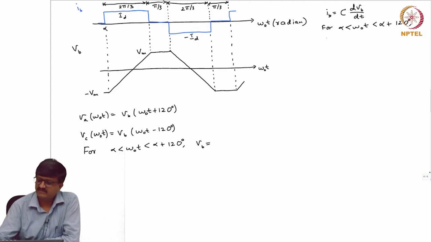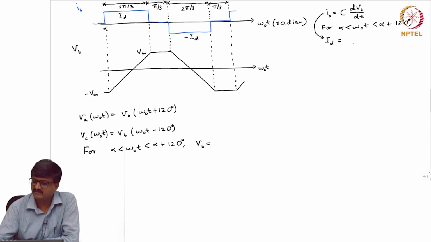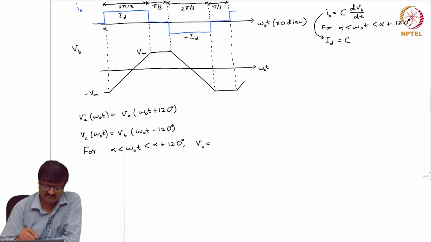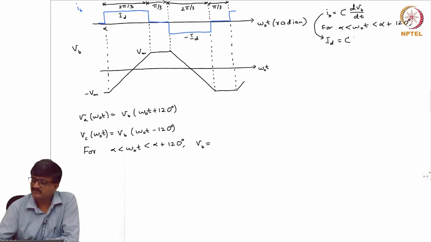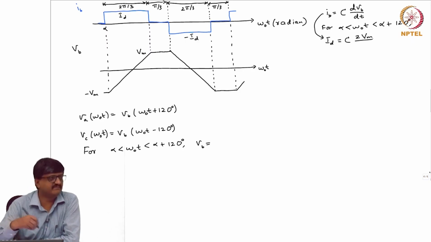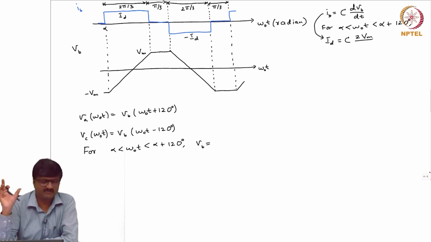IB is ID. So this equation can be written as ID equals C dVB by dt. VB goes from minus Vm to plus Vm, so the change in VB is 2 Vm divided by the time taken. It is linearly increasing, so the slope is constant for this 120 degrees.